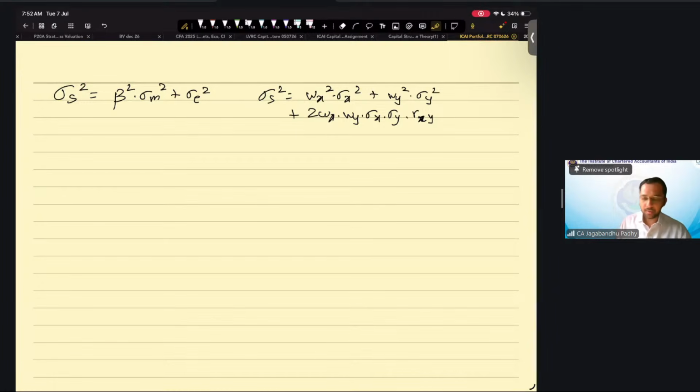And we have observed in our regular sessions that when we simply equate both of them, then we get a novel formula for beta. Or sorry, it was for the portfolio. This is for the portfolio.